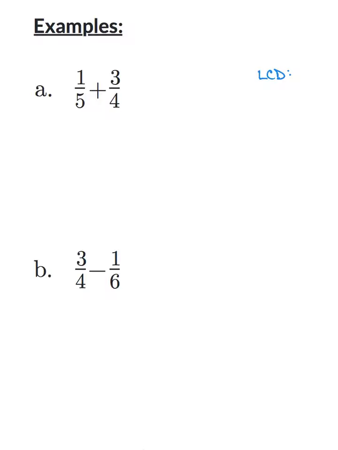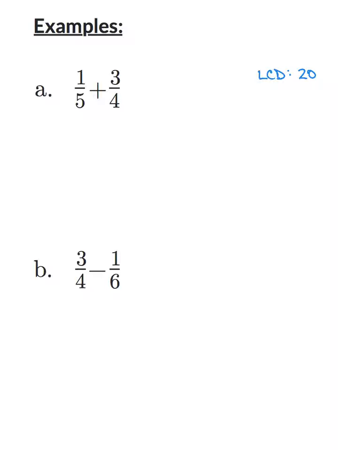It's not going to be 1, because 1 is the greatest common factor. I want to go the other direction. What is a number that is divisible by 5 and divisible by 4? Hopefully you came up with 20. 20 is divisible by 5, and 20 is divisible by 4.